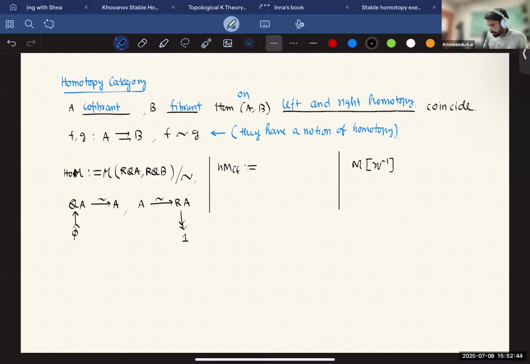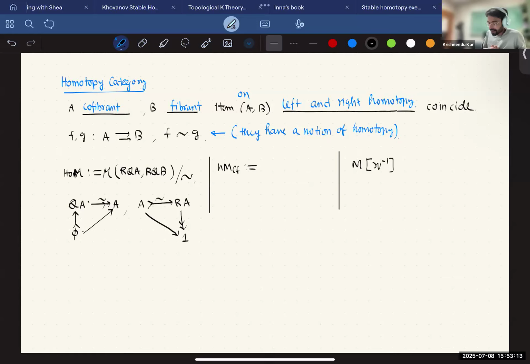We can do this for model categories. To state that this Q and R are functors, you also need your functorial factorization. So what you're doing here is factoring this unique map through this guy and through this guy.